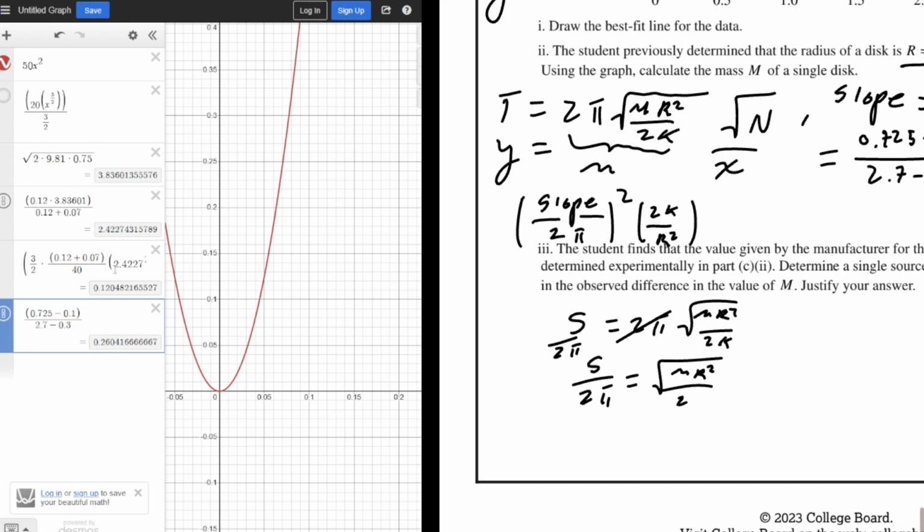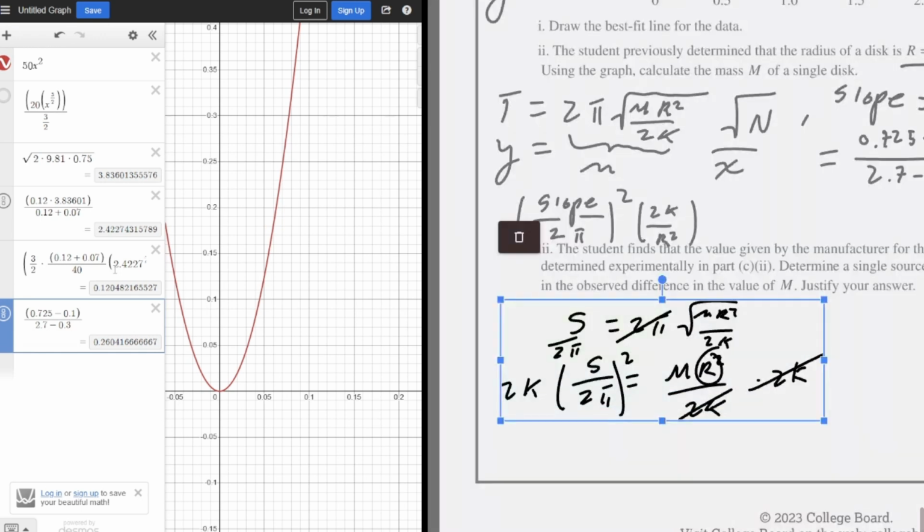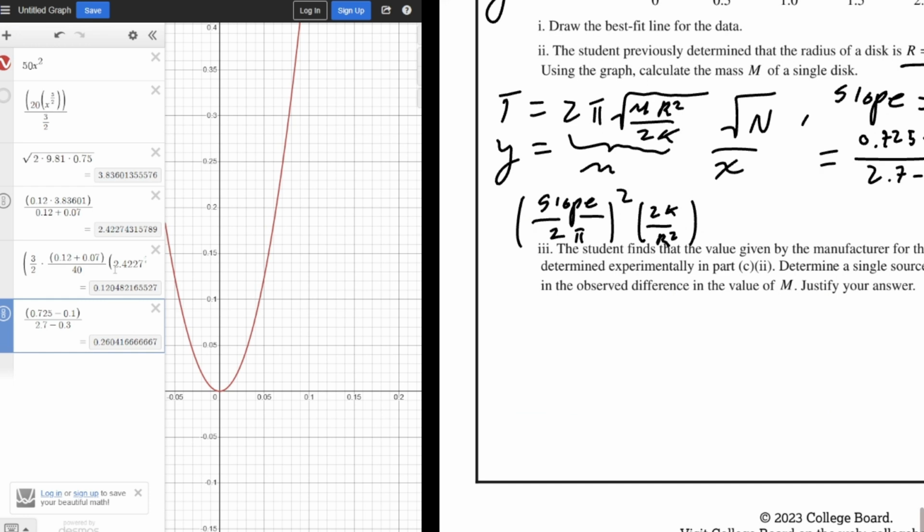Now in order to get rid of that square root, to solve for m, we're going to square that. Now we get mr squared over 2k, with 2k on the bottom. We're going to multiply by 2k on both sides to get it by itself, and then we would divide by r squared. That's up here, and that's how we got that, right? So that's all you need to do. So I'm just going to leave that like that.